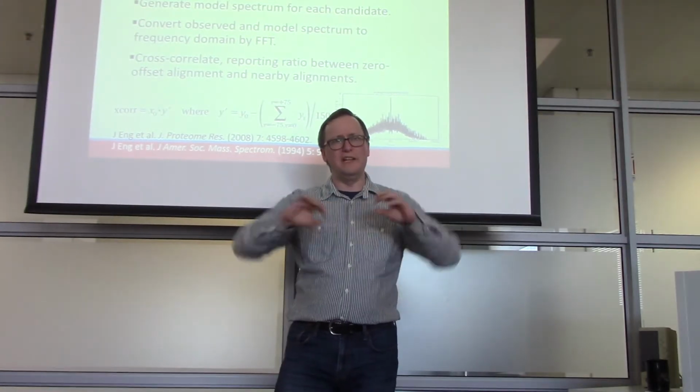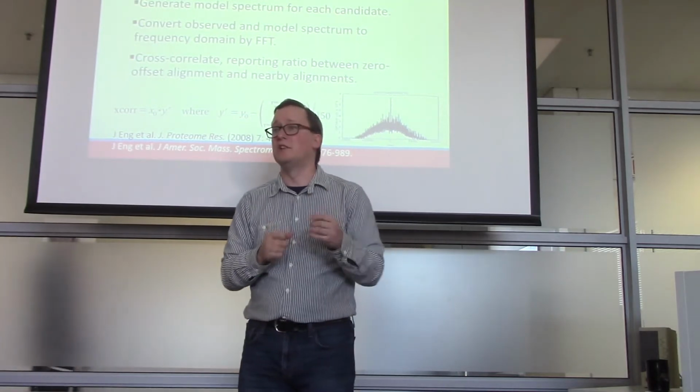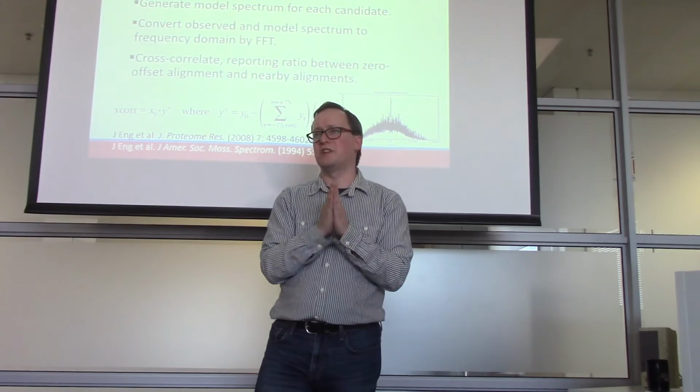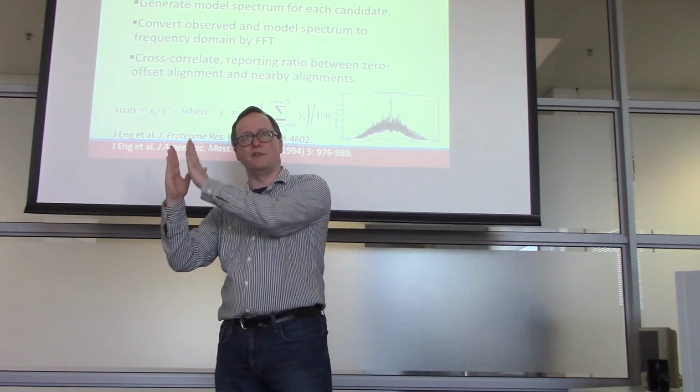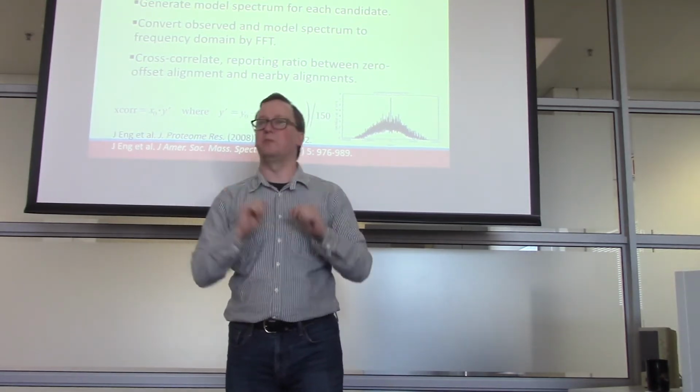This was actually a fairly accurate initial attempt to figure out what a spectrum should look like for a given peptide. The software says, what fragment ion would be produced if we broke after the first amino acid, and the second amino acid, and the third amino acid, and the fourth amino acid.